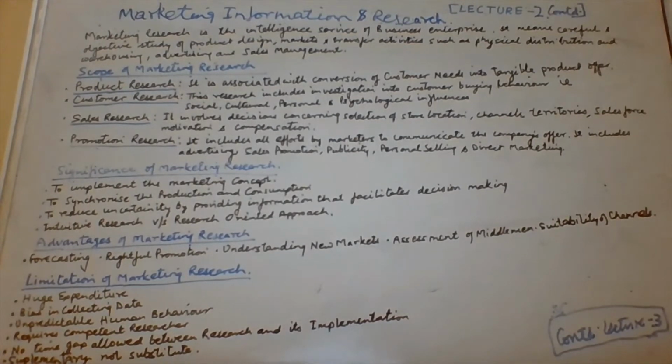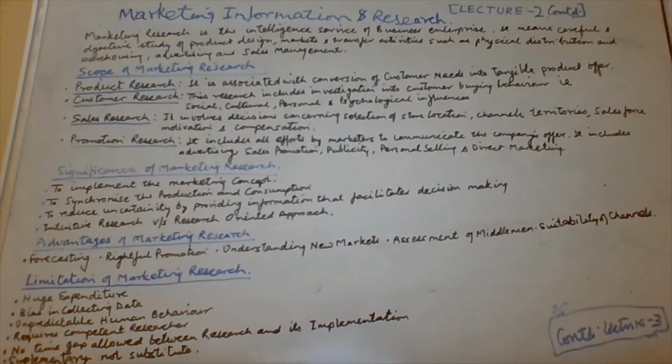The third is to reduce the uncertainty by providing information that facilitates decision making. So the main part of marketing research is to provide the necessary information to the marketing manager, so that he can take a wise decision in the prevailing circumstances or the prevailing environment he is operating in. We know that all the businesses operate under uncertainty.